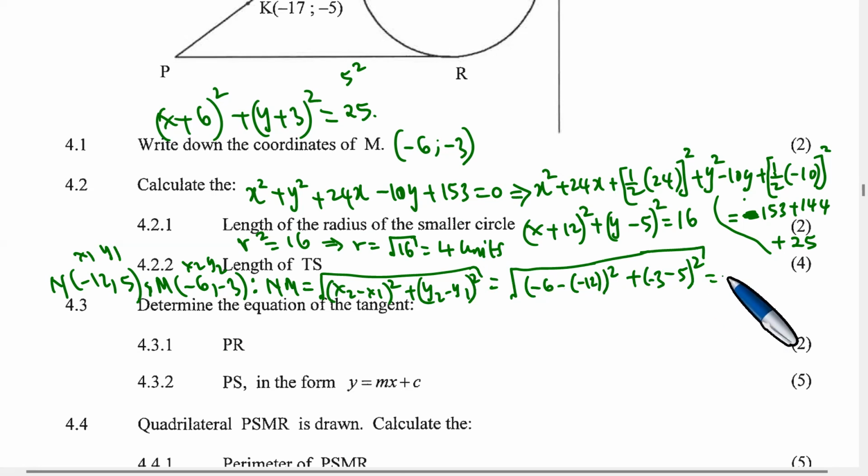In the end, if you do this, it becomes exactly 10 units.